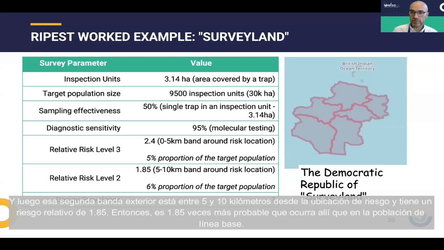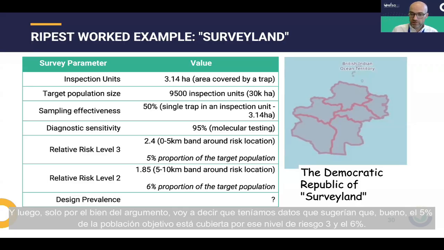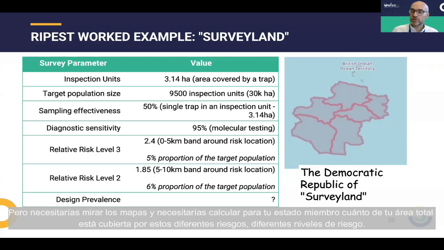So it's 1.85 times more likely to occur there than in the baseline population. And then, just for the sake of argument, I'm going to say that we had data that suggested that 5% of the target population is covered by that risk level and 6% by the other. But you would need to look at the maps, and you would need to calculate for your member state how much of your total area is covered by these different risk levels.